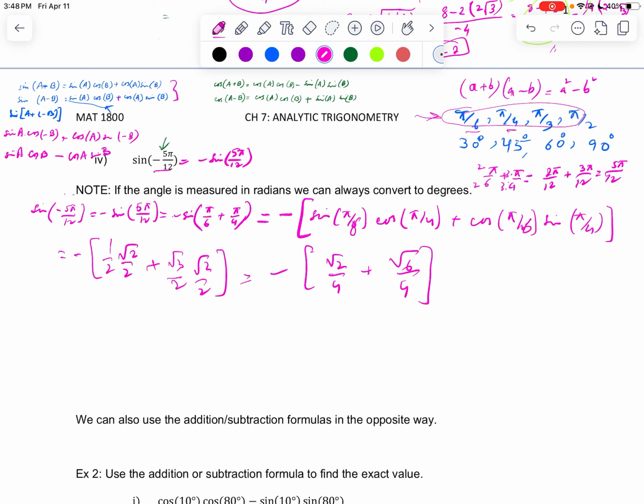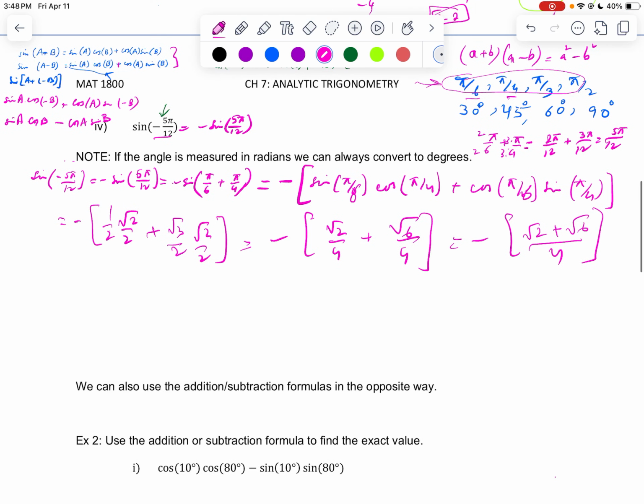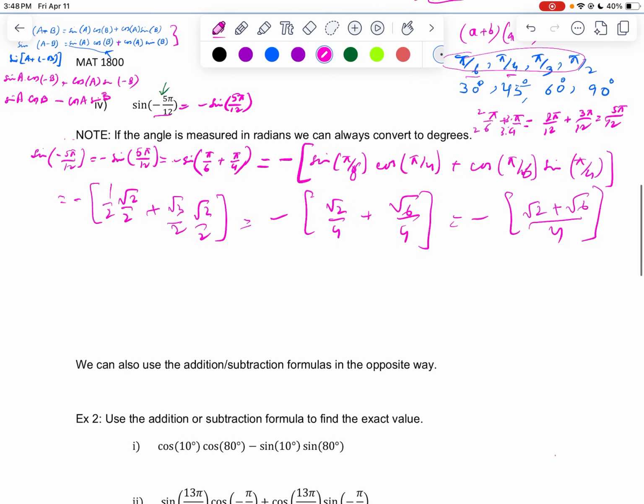So that's negative of square root of 2 plus square root of 6 whole divided by 4. Or you can just say it is equal to negative square root of 2 plus square root of 6 whole divided by 4. So this negative is in front, it is not with the square root of 2.